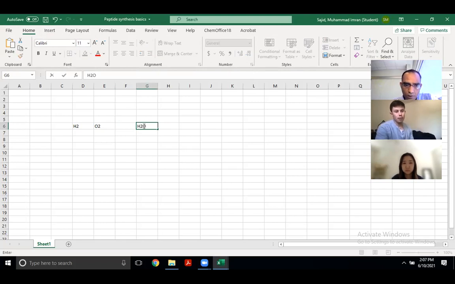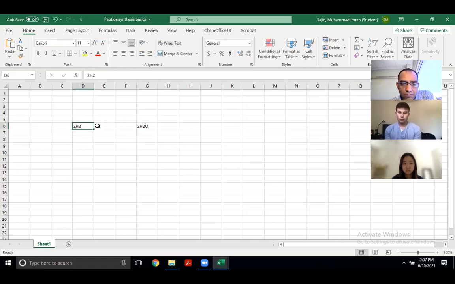H2 and O2 combine to make water, and then we say that here it should be two, and here should be two. So 2H2 plus O2 makes 2H2O. Is it clear? So these are called reactants, and this is called product.